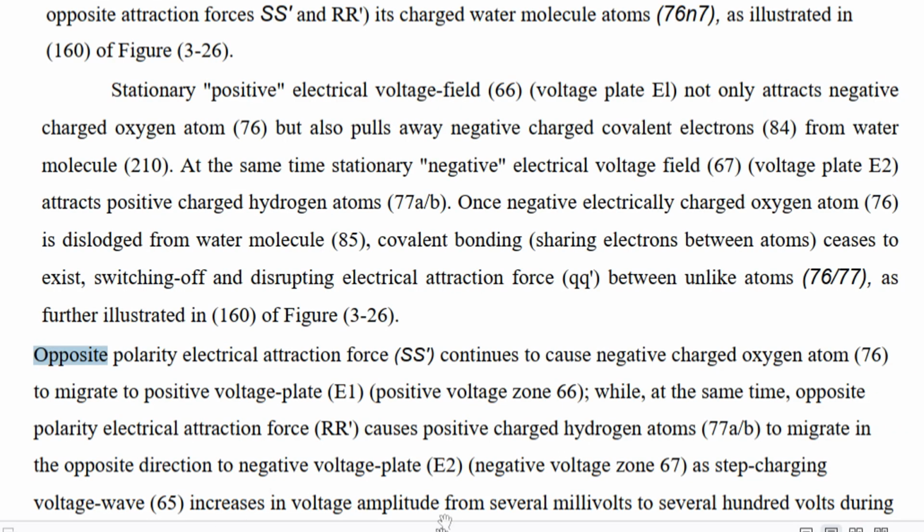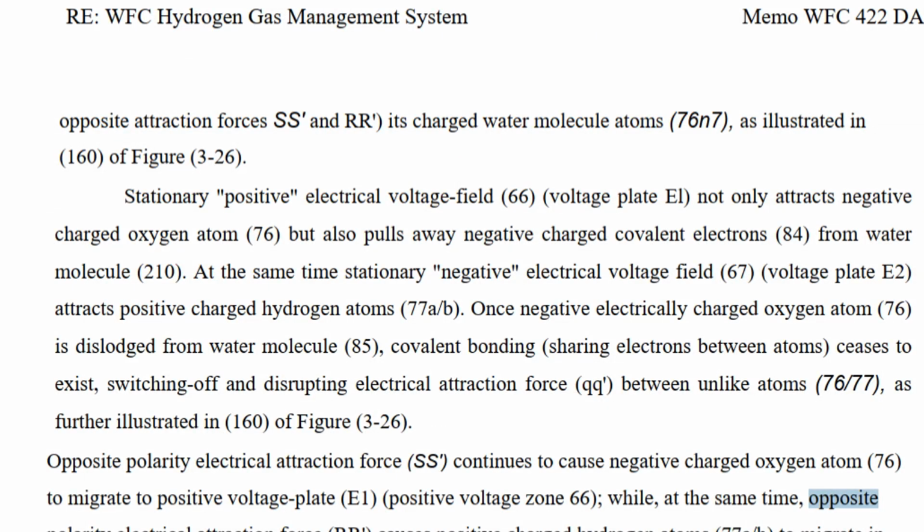Opposite polarity electrical attraction force continues to cause negatively charged oxygen atom to migrate to positive charged voltage plate, while at the same time opposite polarity electrical attraction force causes positive charged hydrogen atoms to migrate the opposite direction to negative voltage plate.